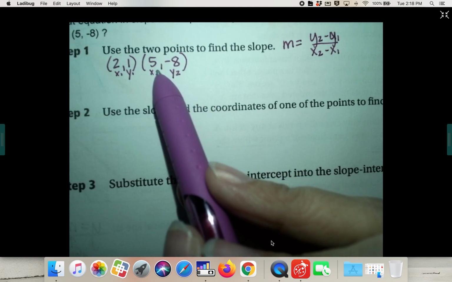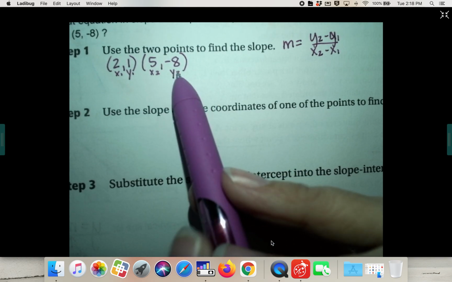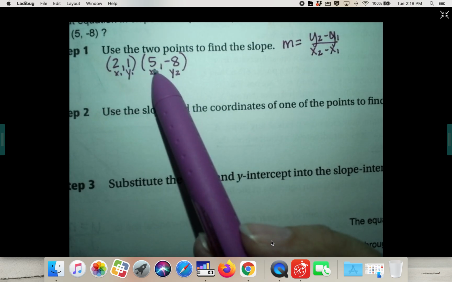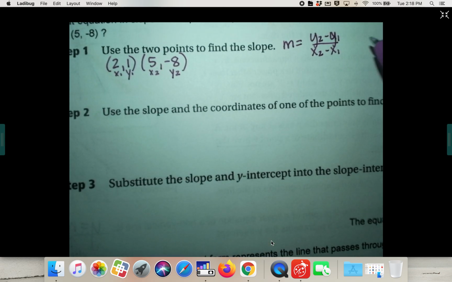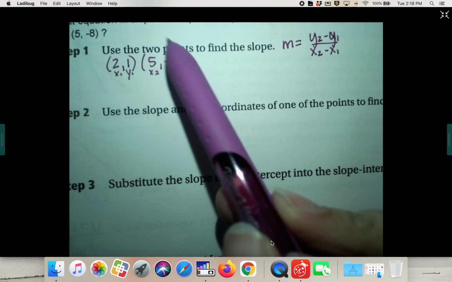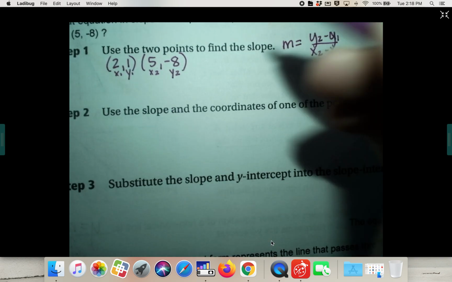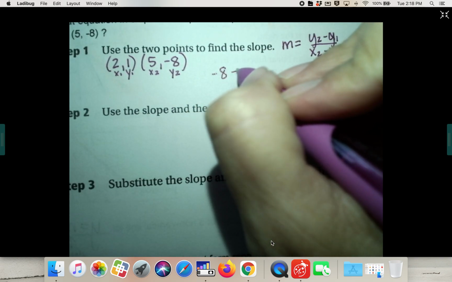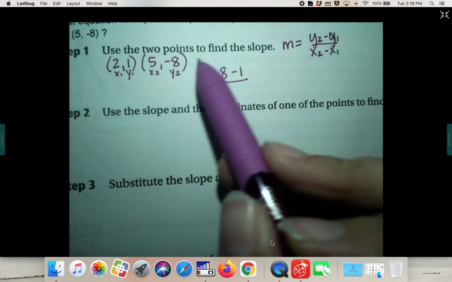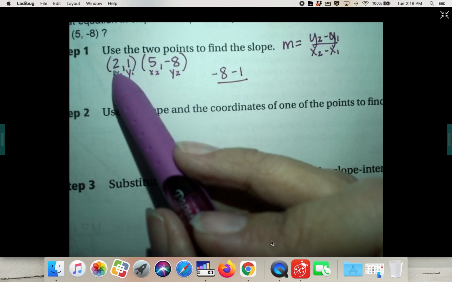And this is my second set of coordinates, that's why they're the twos, but it always goes x, y. X coordinate is always first. Okay, so I'm just now going to take my y2 and subtract my y1. So my y2 is negative 8 minus 1, so negative 8 minus 1 over x2 minus x1. So 5 minus 2.